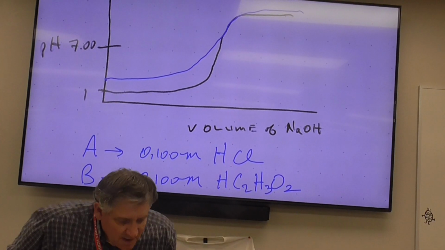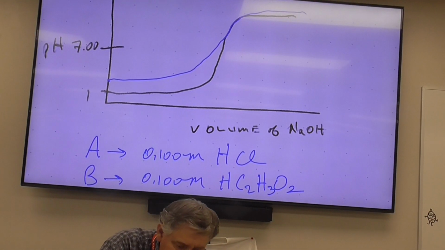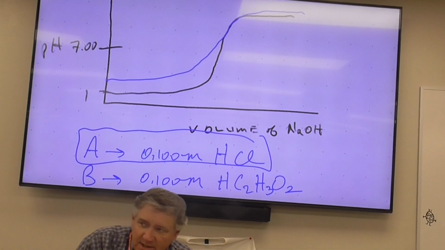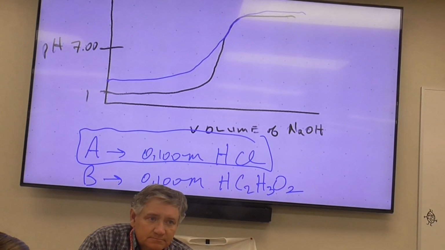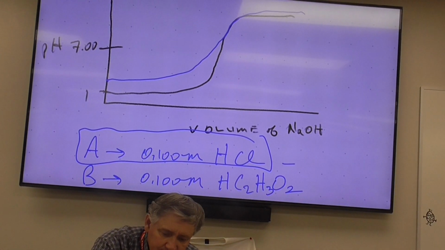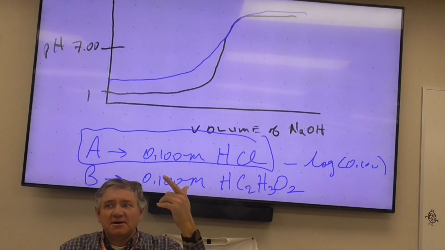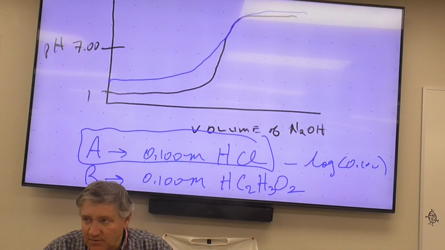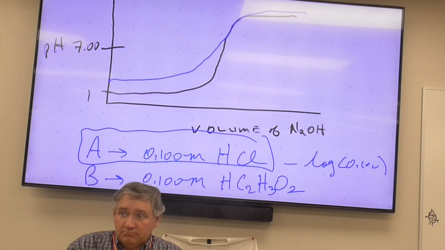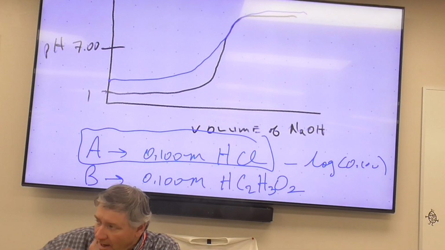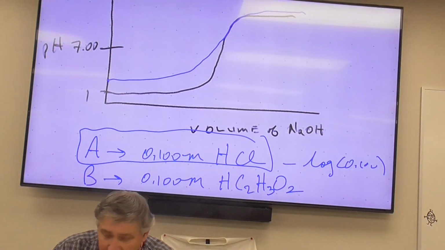If this was 0.1 molar hydrochloric acid and I asked you to find the theoretical pH, what's the only thing you would have to do? Negative log of 0.1, because that's the full ionization of the hydrochloric acid. By definition, if this is 0.1, my hydronium ion concentration is going to be 0.1.